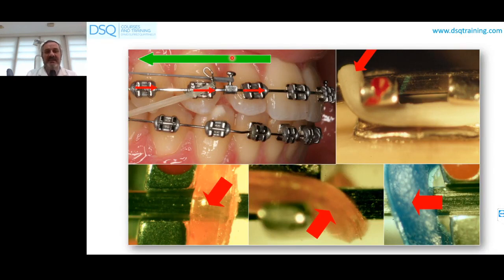For example, in many cases like this, with a conventional bracket and a conventional ligature, even with metallic ligature, the orthodontic tooth movement is reduced by maybe more than 60%. If you apply 150 grams, for example, in these elastics, the total amount of effective force on this tooth is less than 60 or 75 grams.